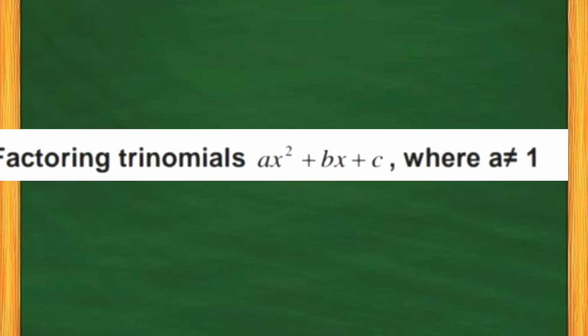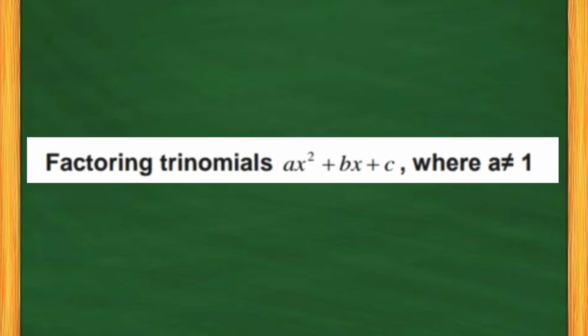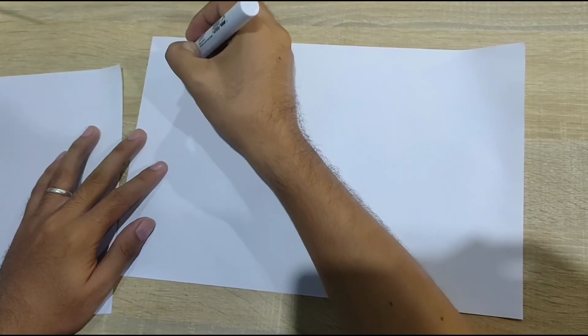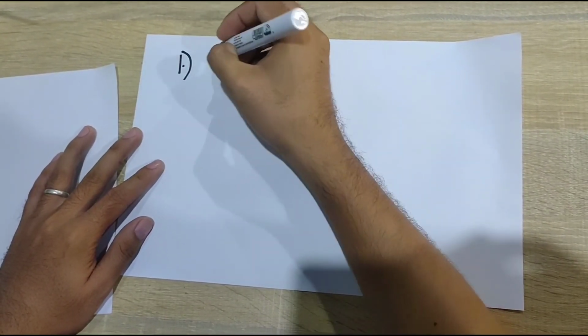Now, let's have another case. Paano naman daw kung yung numerical coefficient ay hindi 1? So, merong ibang value yung numerical coefficient ng first term. Let us discuss that using examples. So, number 1.